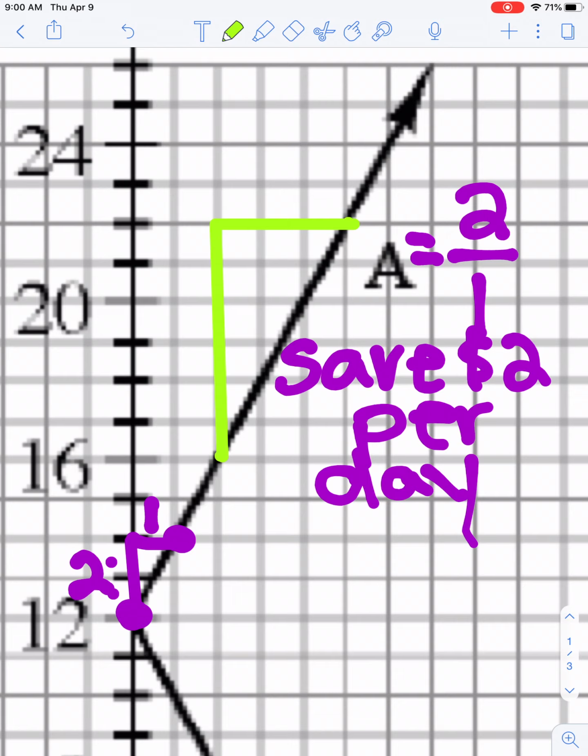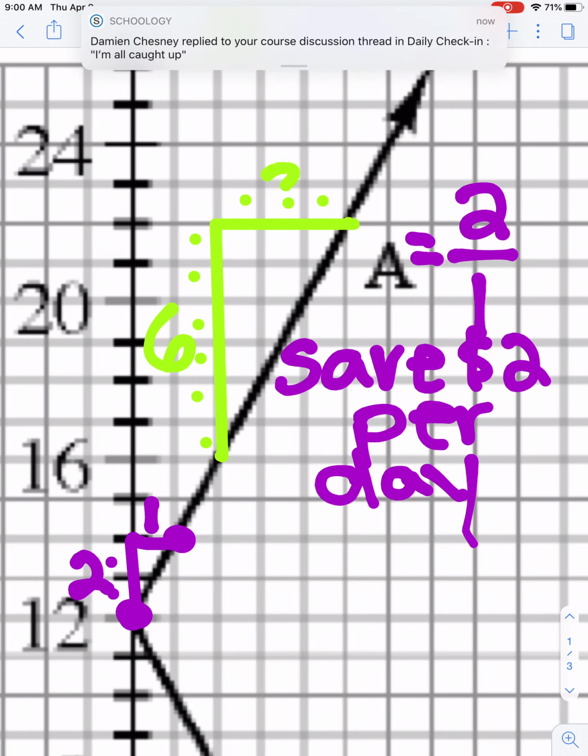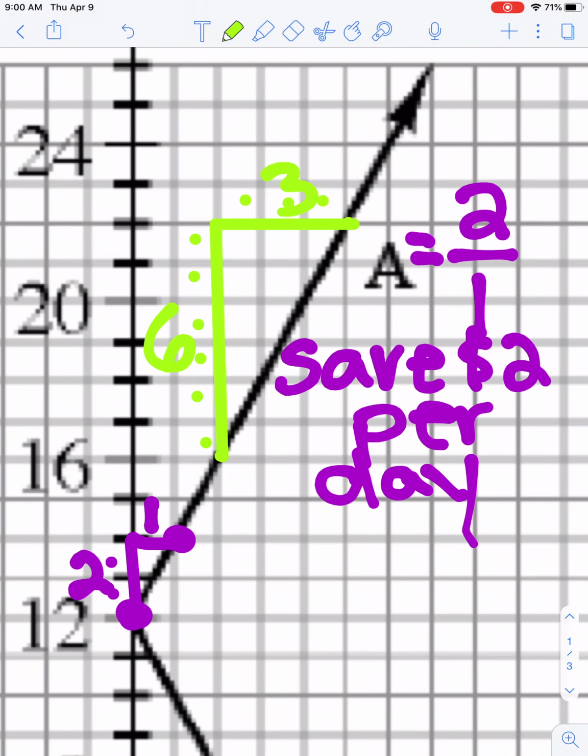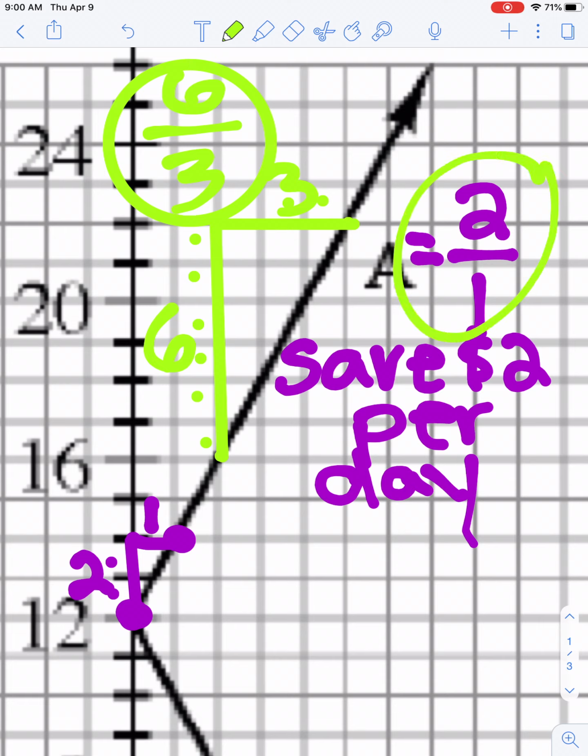And let's find the height of it. It's 1, 2, 3, 4, 5, 6. And it goes over 1, 2, 3. So the slope for this one, if we wrote it, would be 6 over 3. What do we know about the fraction 6 over 3 and the fraction 2 over 1? Hopefully you're saying they're the same thing. 6 divided by 3 is 2, and 2 divided by 1 is 2.